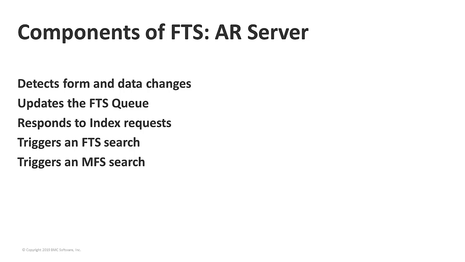A full-text dispatcher thread processes indexing tasks in real time on a first-in, first-out basis, queuing them for indexing threads to process. AR Server triggers an FTS search when an FT index field is included in a query, and it also triggers an MFS query when a global search or a multi-form search is performed.